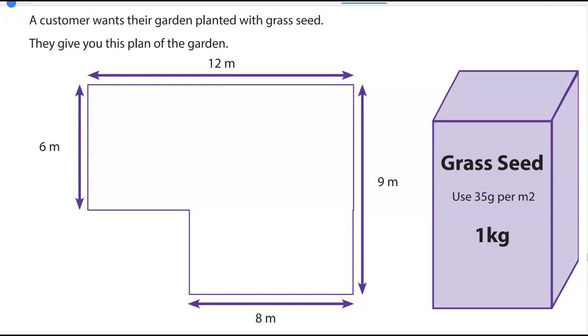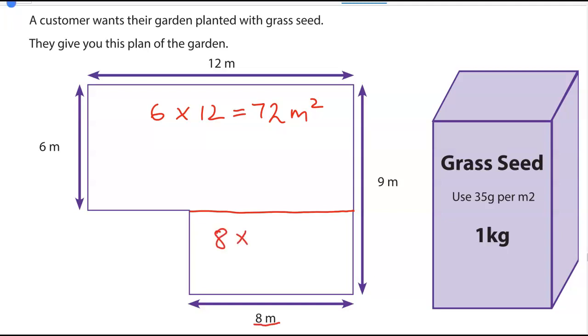Now this is a compound shape, so we can break it down into two shapes. I'm going to break it down here. So we've got the area of this big rectangle, which we can work out by doing 6 times 12, which is 72 square meters. And then the area of the smaller rectangle, we've got 8 being the length, so 8 times the width we need to work out.